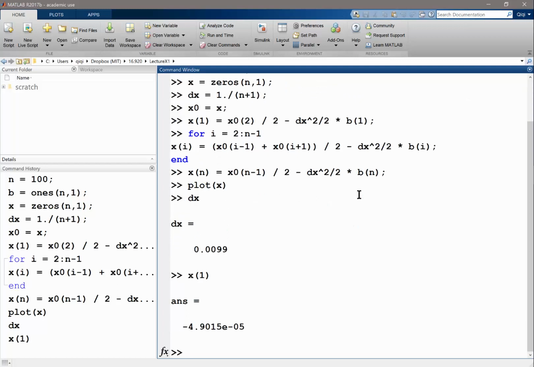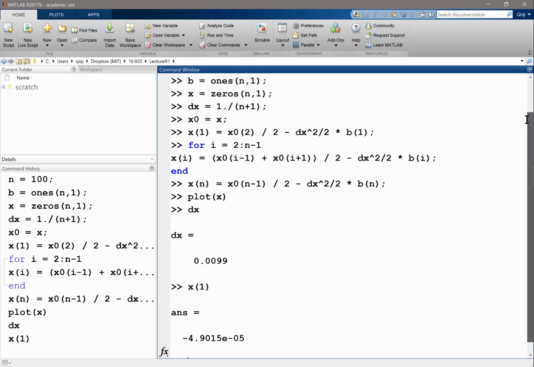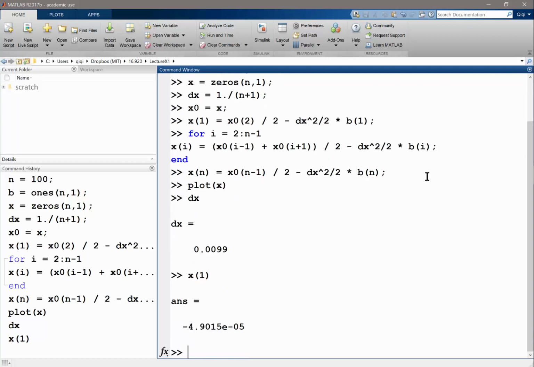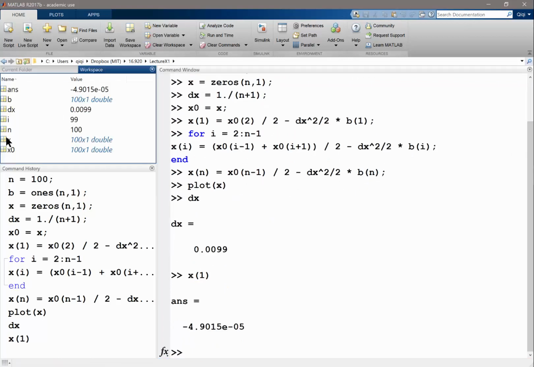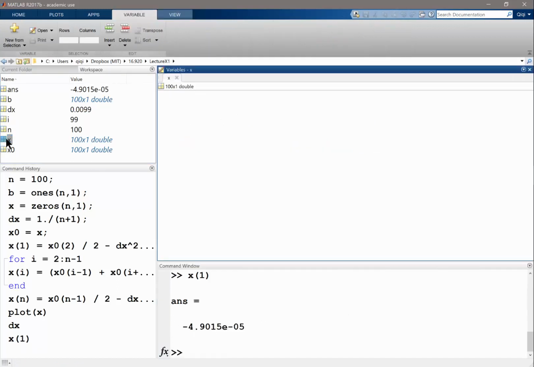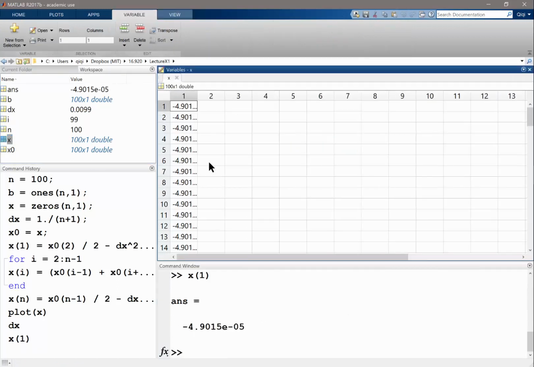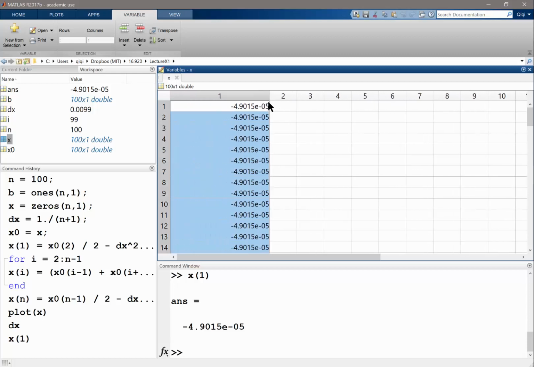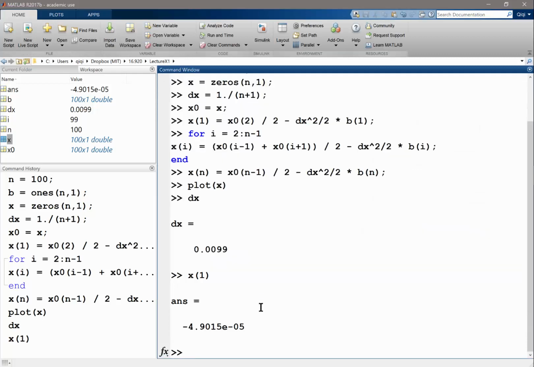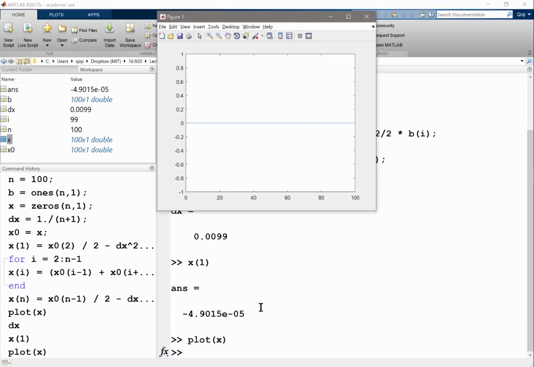No, my x is actually non-zero. Is b a matrix? No. So why did it show my x to be 0?